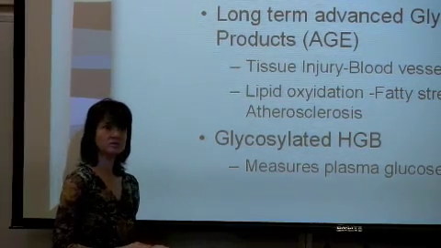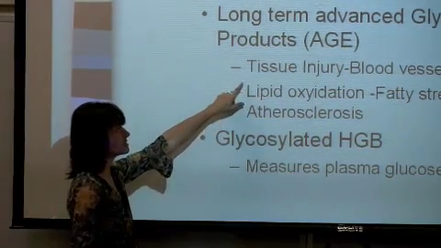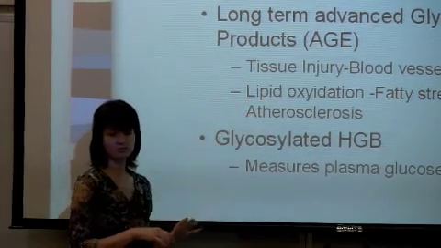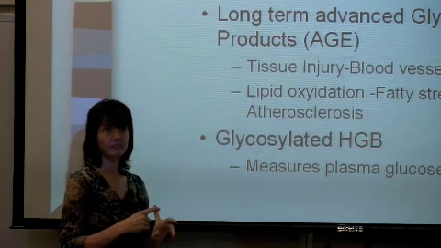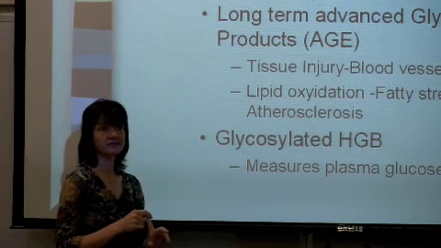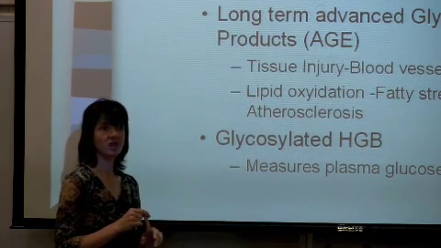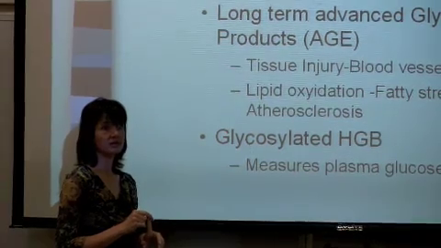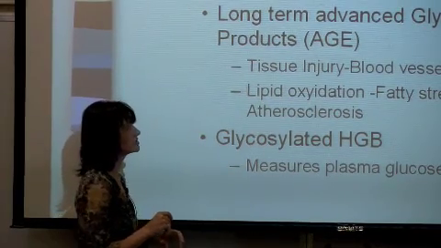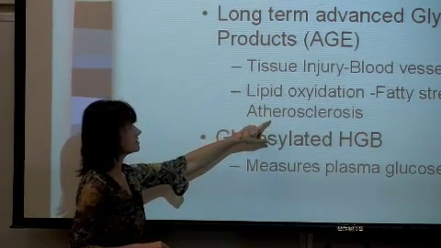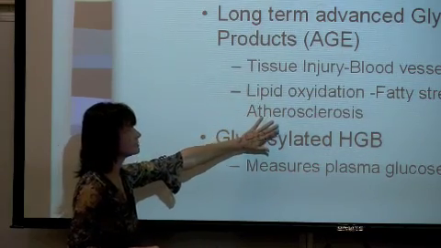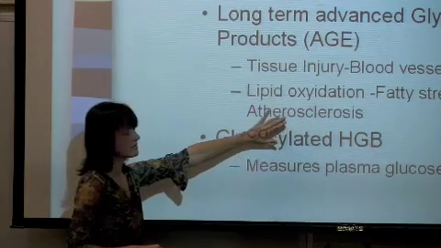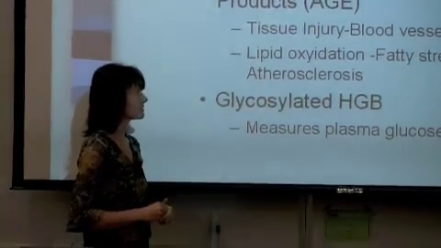And those substances cause long-term damage to blood vessels, atherosclerosis, to kidneys, where the kidney nephron actually becomes scarred and the basement membrane becomes hardened and damaged. Lipid oxidation, because of these long-term advanced glycosylated end products, hastens the process of atherosclerosis.